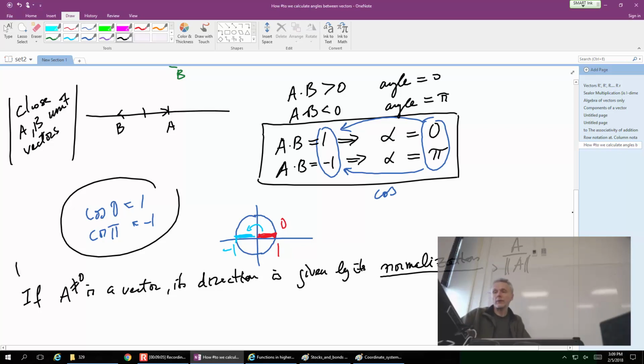Okay? So that's the definition of a unit vector. What is the meaning of the direction of a vector? Well, magnitude doesn't matter, so how do we take magnitude out of consideration? We divide by it. So A divided by the magnitude of A is a unit vector, and it's easy to verify that this is indeed a unit vector.